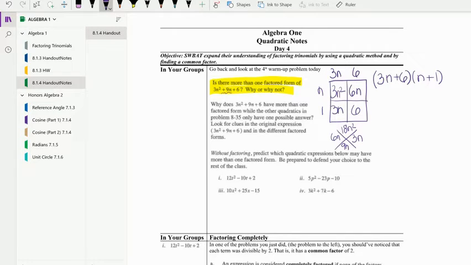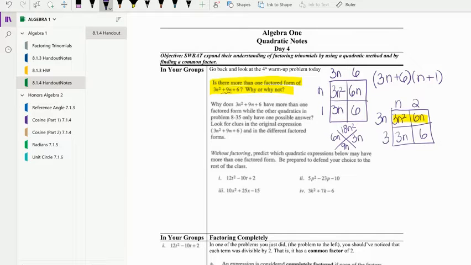All right, let's say we did that a little bit differently. So I'm going to go ahead and place the terms in the boxes in the exact same order. But this time I'm going to find the GCF of that first row. So if I were to do that, I would get 3n, and 3n times n would be 3n squared. 3n times 2 would be 6n.